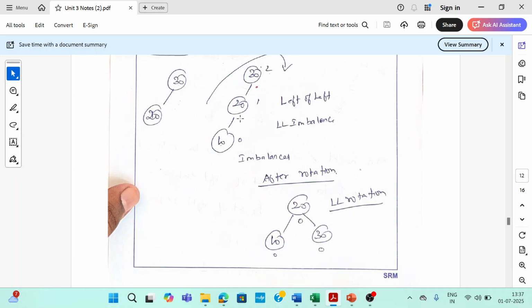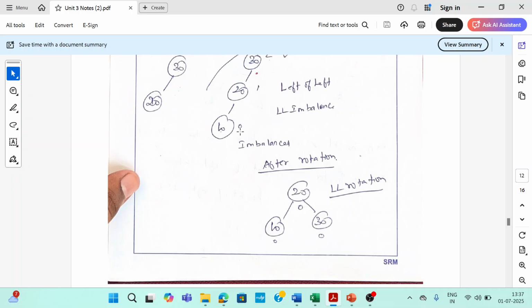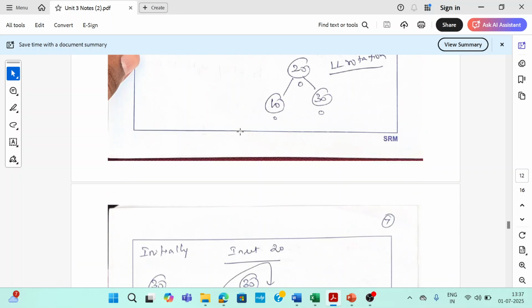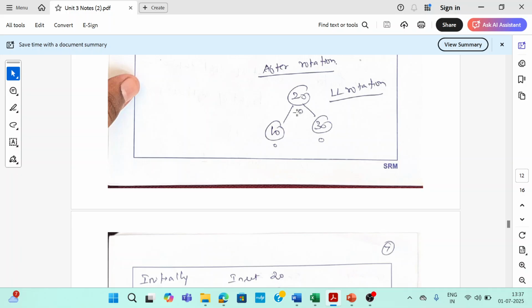After rotation, you can see it becomes more balanced. For this, left subtree is 1 and right subtree is 1. So 1 minus 1, it is 0. And it is 0 and 0.